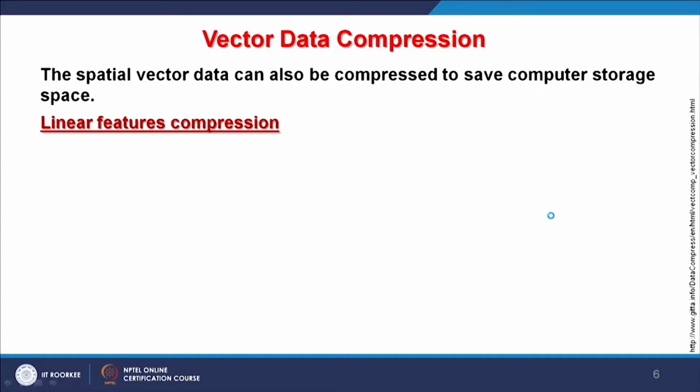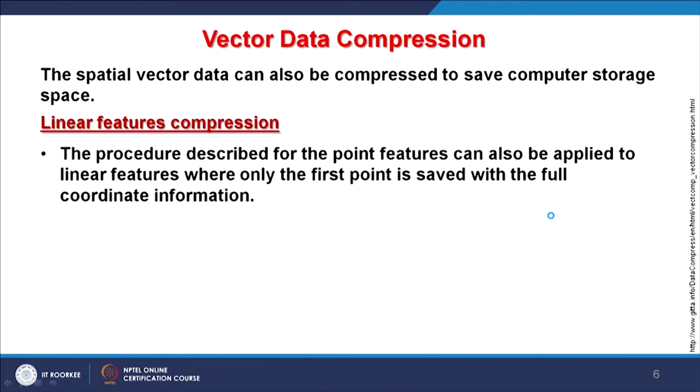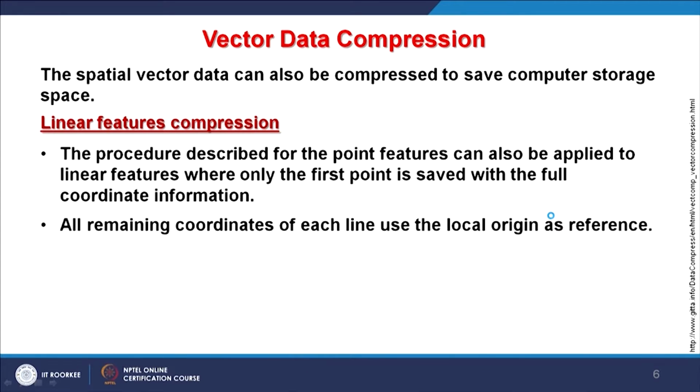Now, for point data we have discussed this, and similarly for line features, this procedure for point features can also be applied in a similar manner to line or polyline features, where only the first point is saved and then null coordinates information, and that way all remaining coordinates of each line use the local origin as reference.